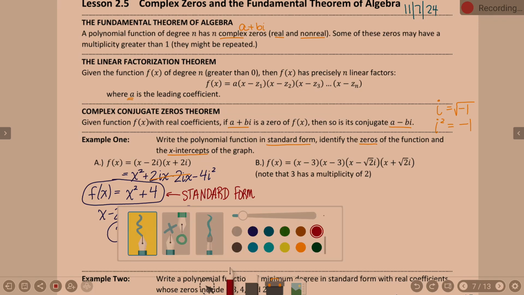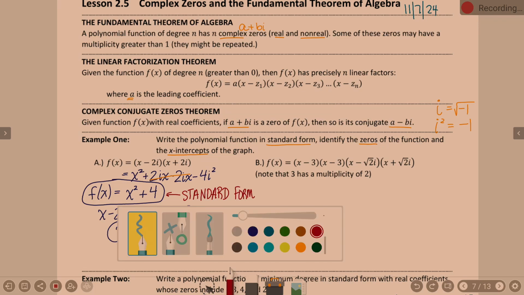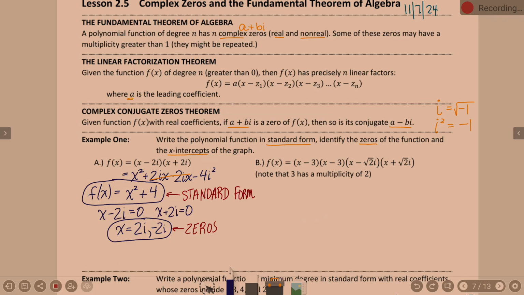And these are my zeros. Okay? When we talk about zeros, they are your solutions to the equation. The final and third piece you're asked for are your x-intercepts.